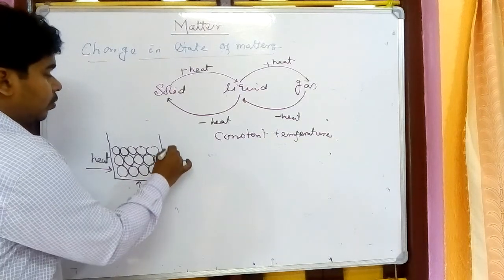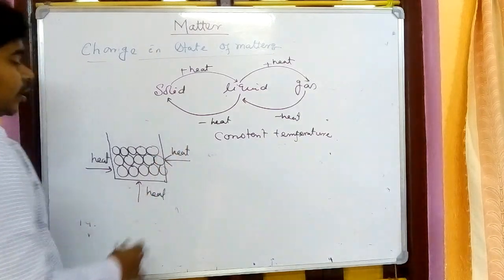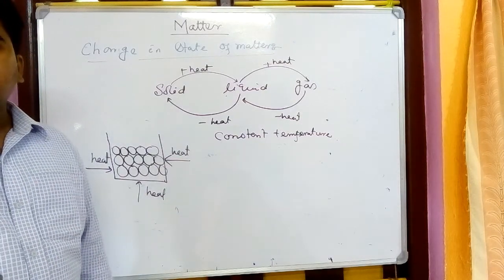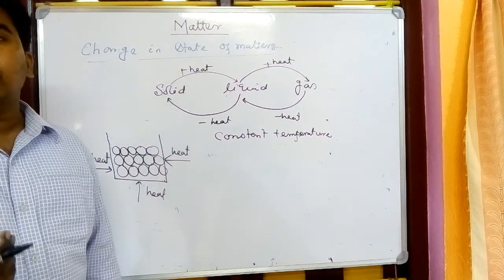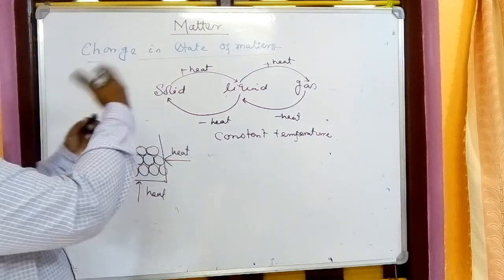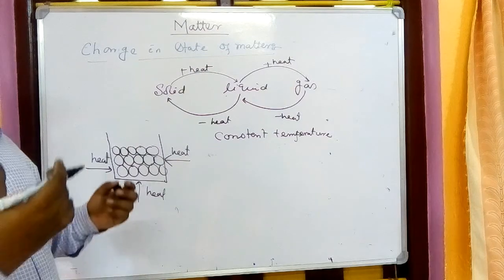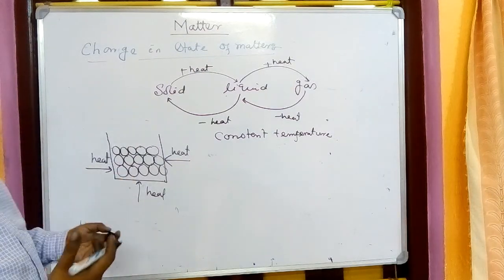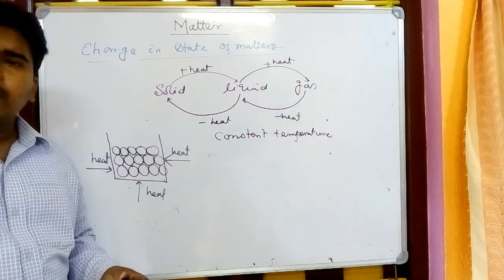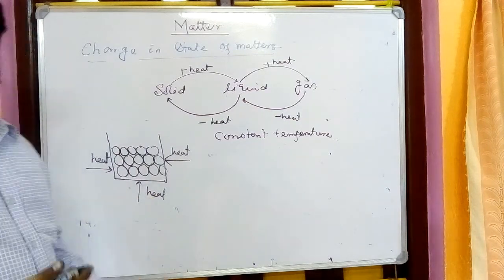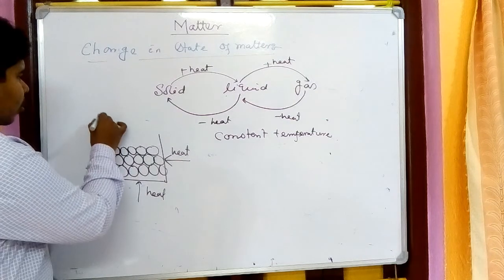When the heat energy is given, the vibration of the particles in the solid will increase, because the particles cannot move. As they cannot move, the vibration will increase, and with more heat energy, more vibration, more temperature.